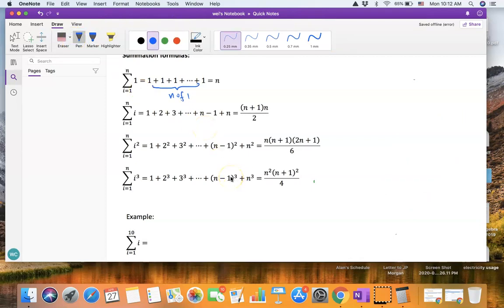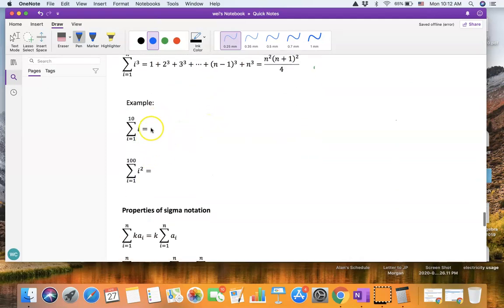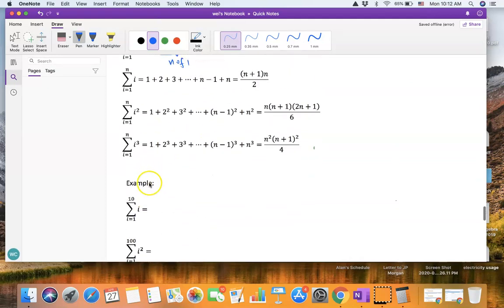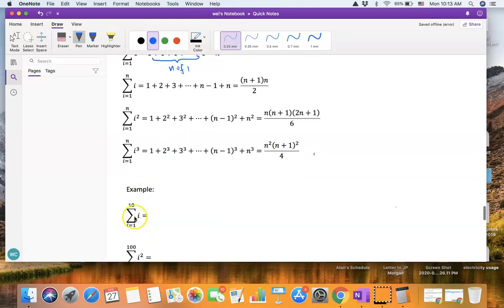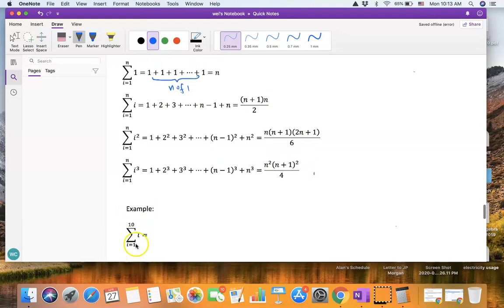Okay, now let's use these formulas to solve these two problems. Here we have a sigma of i, where i starts at 1 and ends at 10. So the formula we're using is this one. Since i starts at 1, we can just copy this formula.